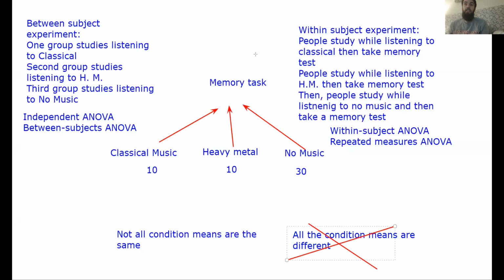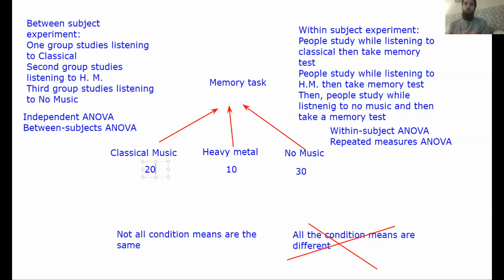It could be the case that all the means are different from one another. 20 is different from 10, which is different from 30. It could be, but that's not the proper alternative hypothesis. I feel like I've beaten a dead horse. I hope so.